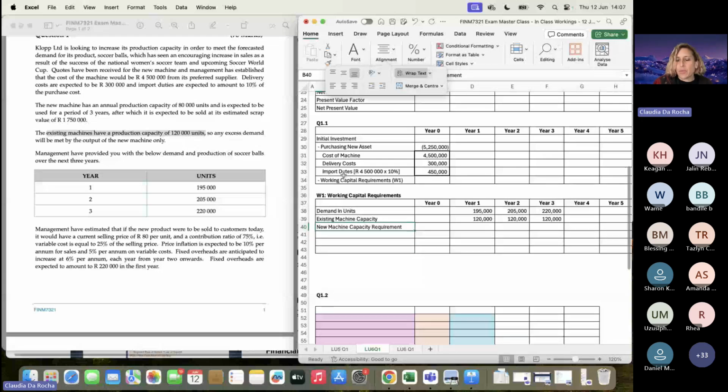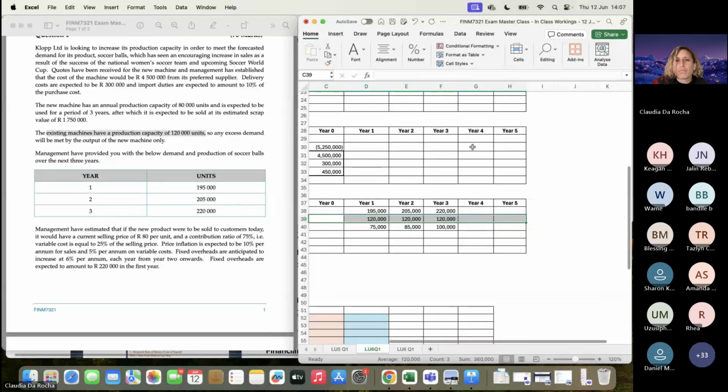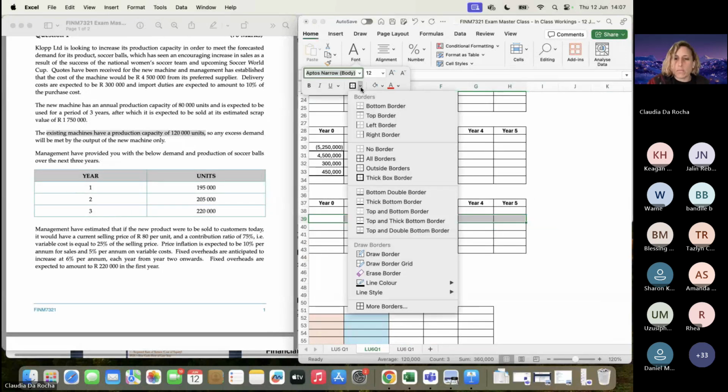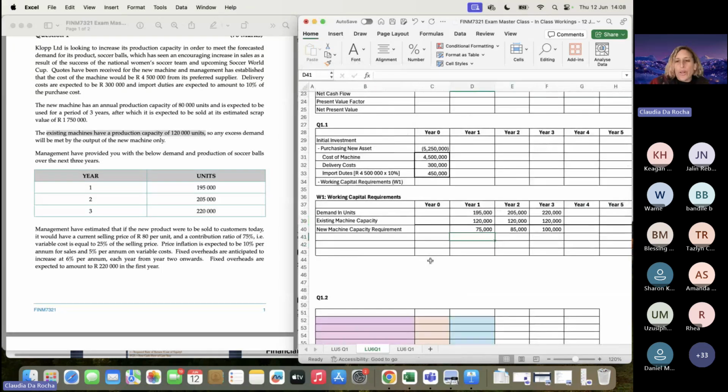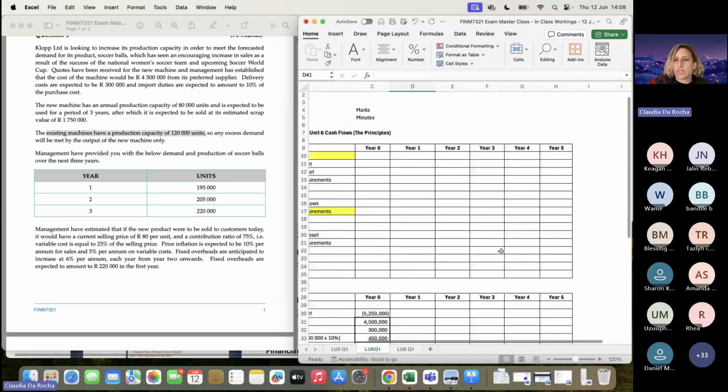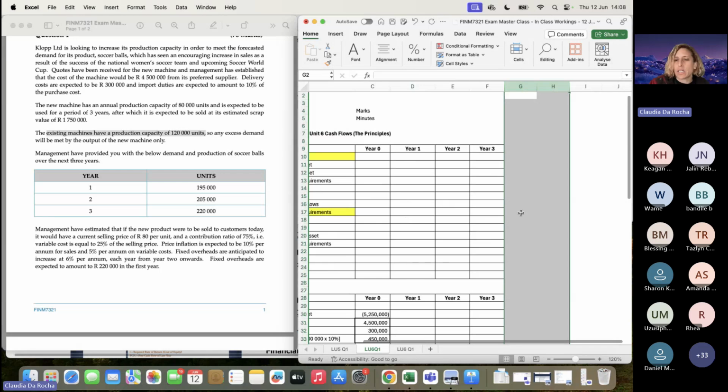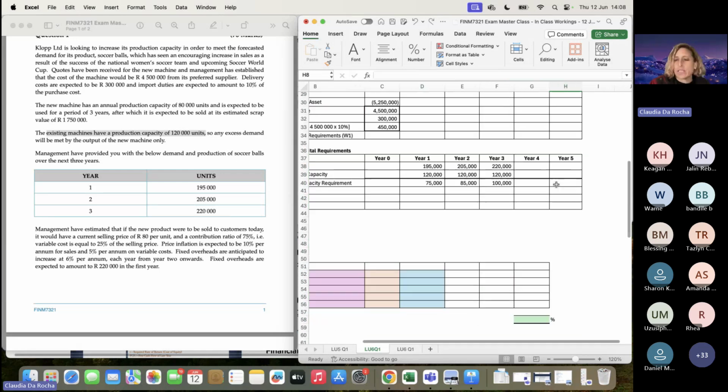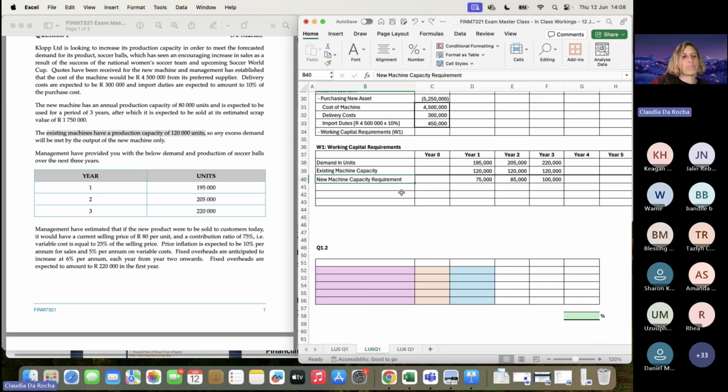From the new machine, that is how many units we need. Let me actually take out my extra years. So we know that our new machine capacity requirement is 75,000, 85,000, and 100,000.